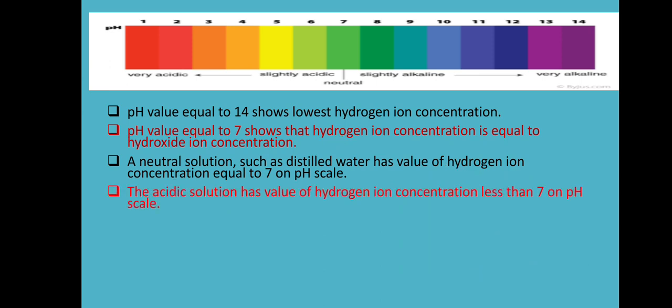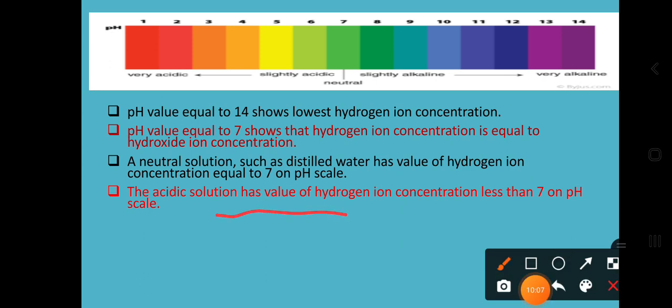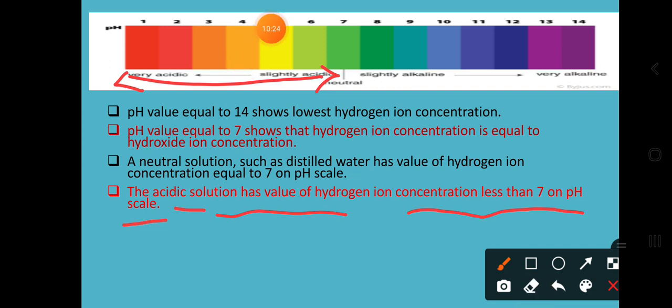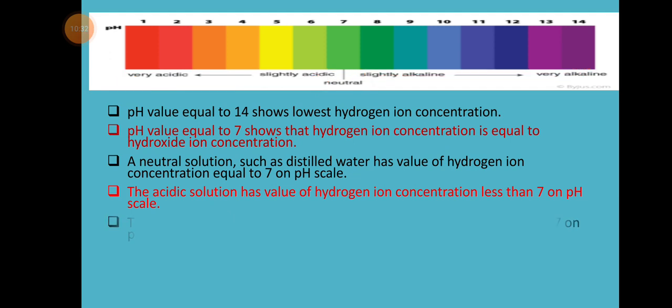And the acidic solution has a pH value less than 7 on the pH scale. You can see in this image, when the number lies between 1 to 7, it is acidic in nature. When the number lies between 8 to 14, it is basic in nature.